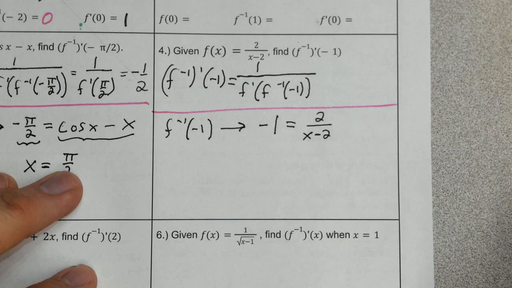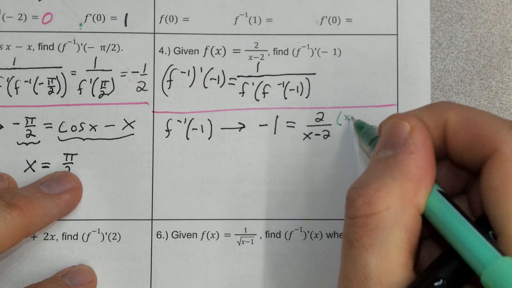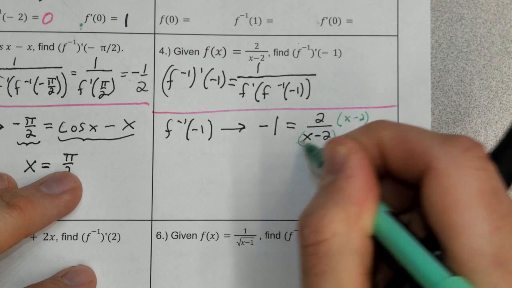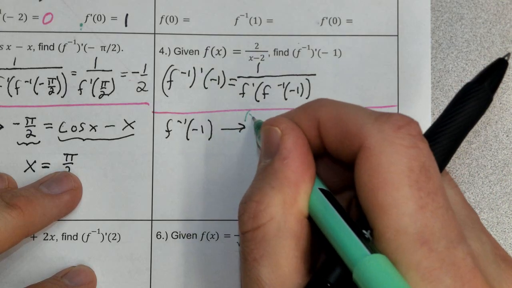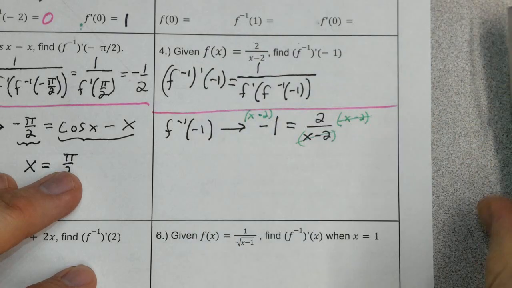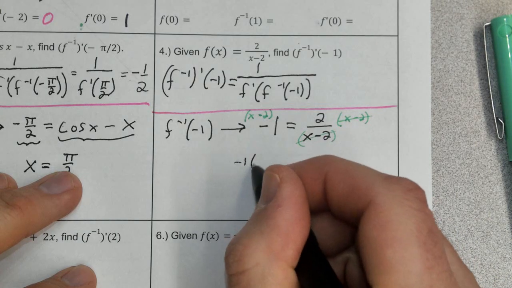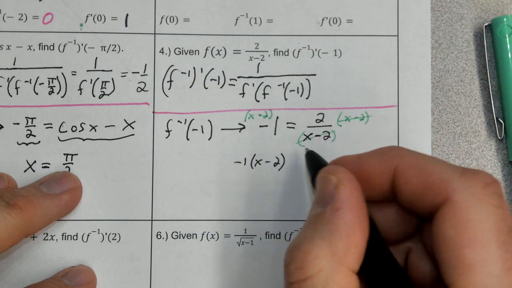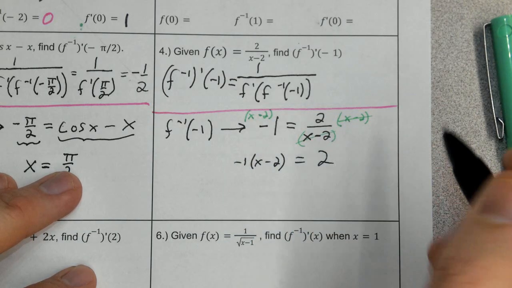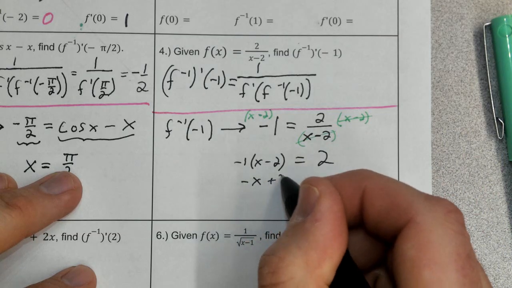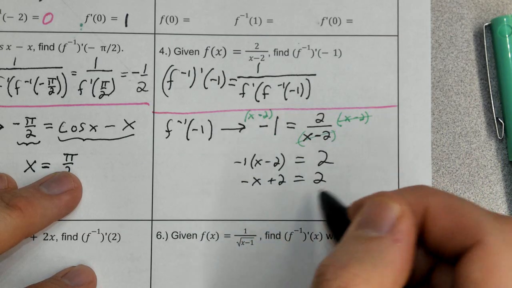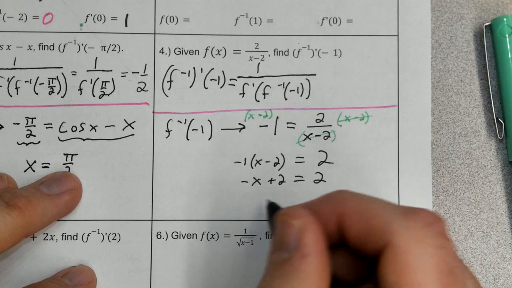Okay, so we can take both sides, multiply by x minus 2. And you're going to get negative 1 times x minus 2 here on the left, equals 2. Distribute, get negative x plus 2 equals 2. Finish out the math, and you get x equals 0.